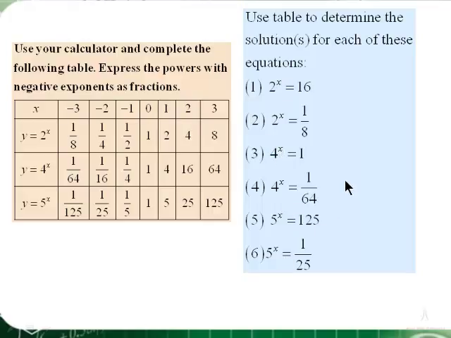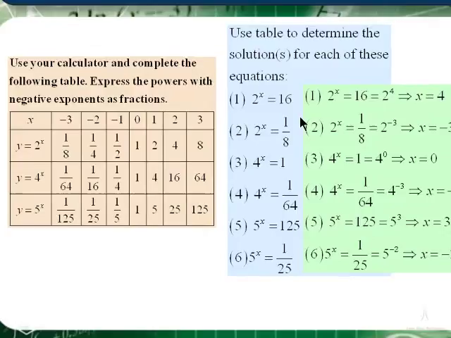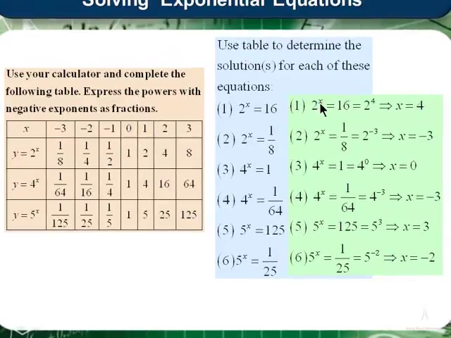So the question is, what is the solution of 2 to the power x equals to 16? You will get 16 when x is equal to 4. Can you see we haven't got the 4 here, but the next one in this particular table, if the exponent is 4, will be 16. So 2 to the power 4 is 16.